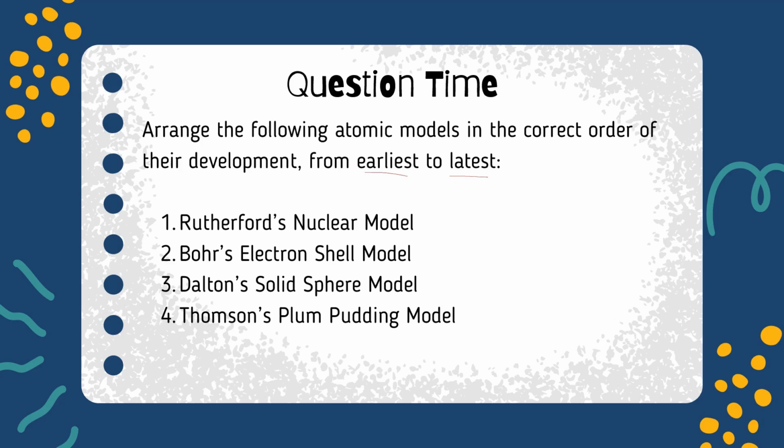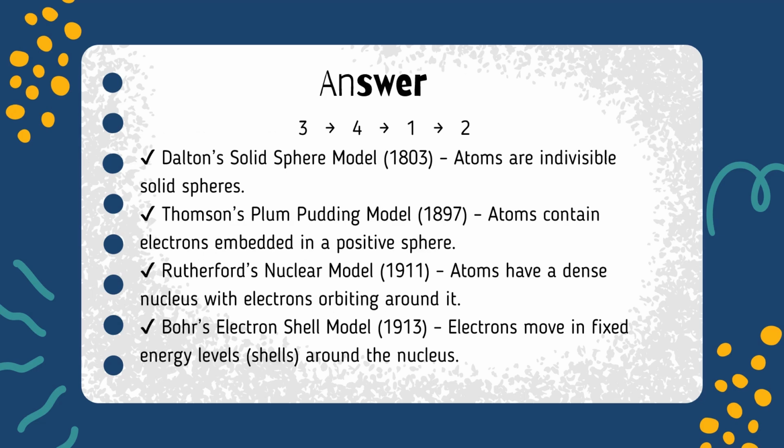Pause, think, and answer. If you said Dalton's was the first one, then Thomson's plum pudding model, then Rutherford's nuclear model, and then Bohr's electron shell model, then you are absolutely correct.